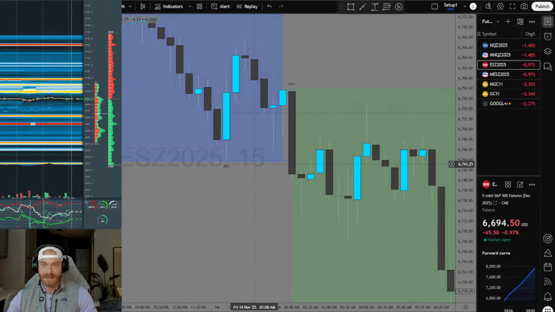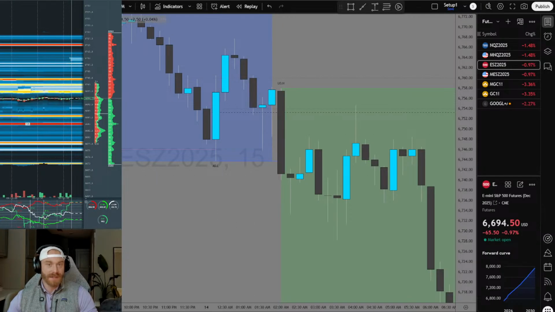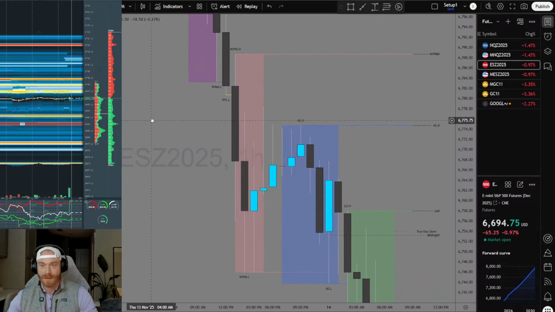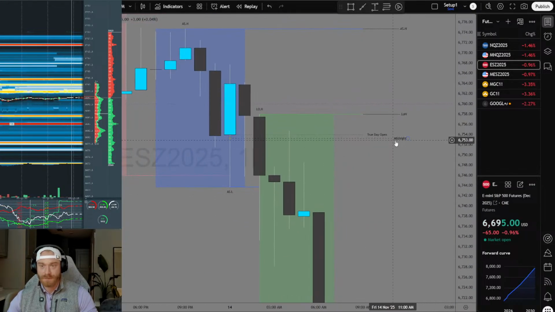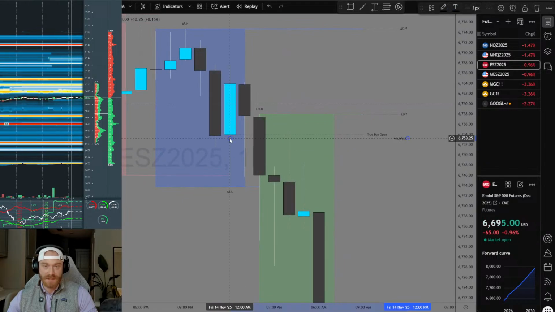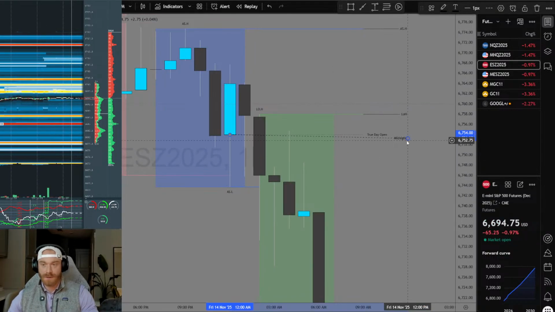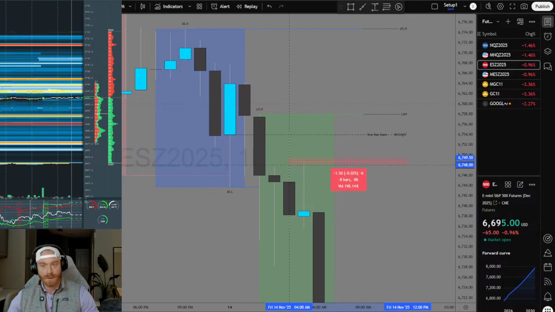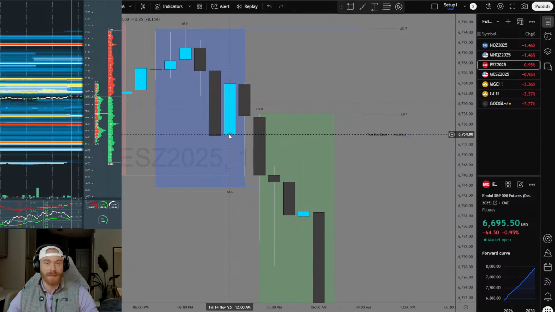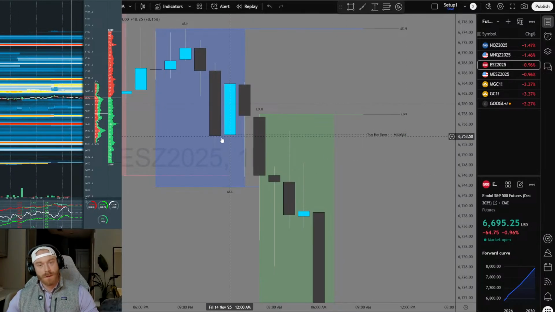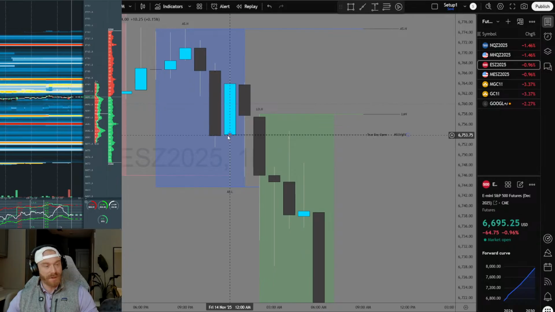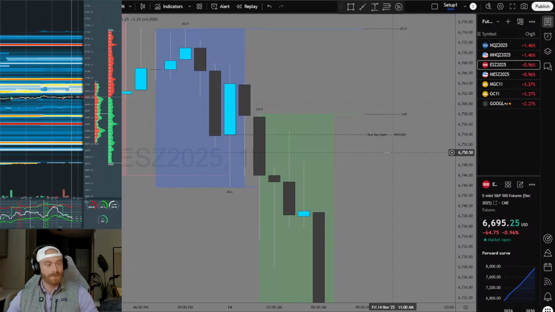Let's get a better hourly candle here. I actually have this a little mismarked, so thanks for saying something. So it's the bottom of this candle right here, which would be the open. It's the open of the 12 o'clock candle.